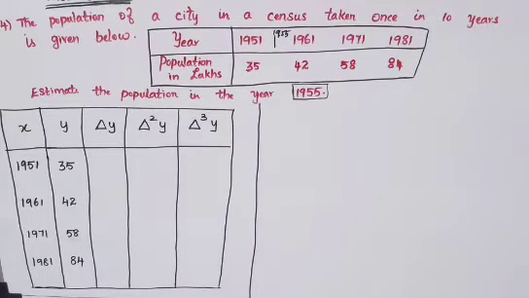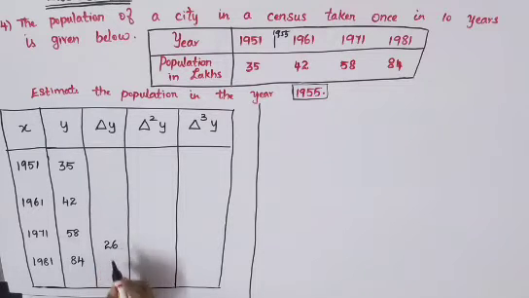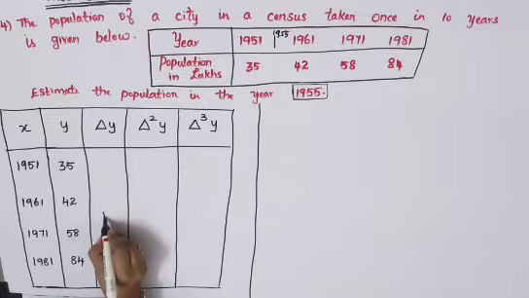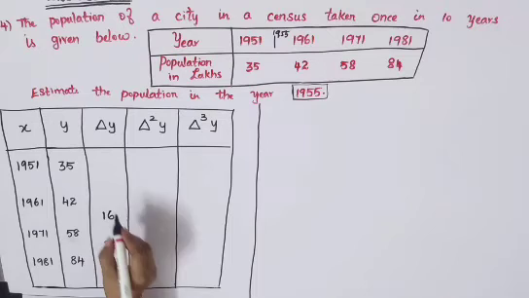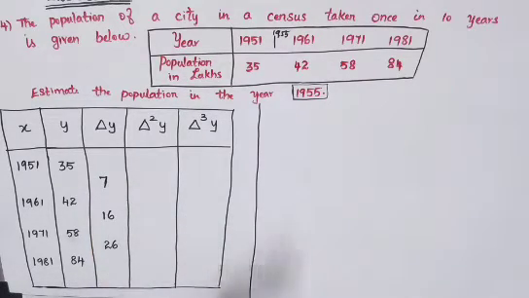Now you'll have to find delta y. Subtract from down to top. 84 minus 58, you'll get 26, written in the middle of these two numbers. Then 58 minus 42 will get 16. Then 42 minus 35 will get 7.